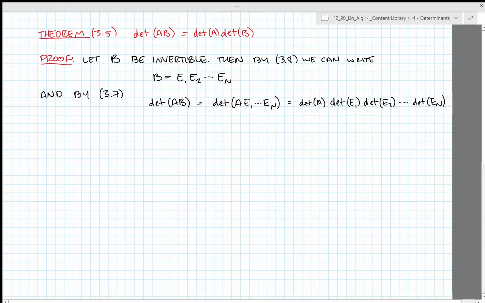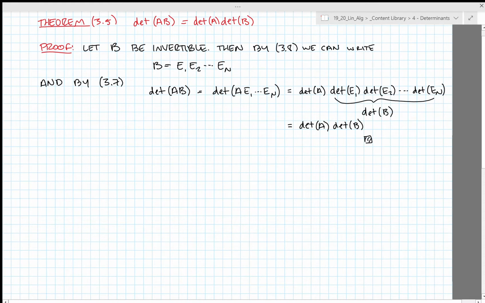Well, but remember, the determinant of E1, E2, E3, this whole thing, is just determinant B. So now I've got det A, det B, and that's what we wanted to prove. So that's the first case. I'm going to put a tombstone on it because they're fun.